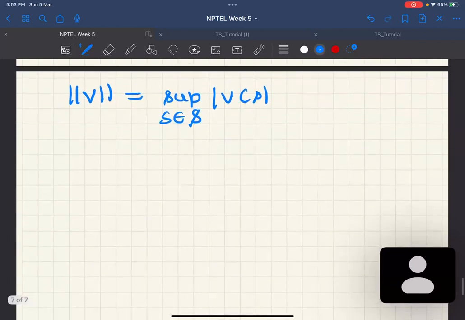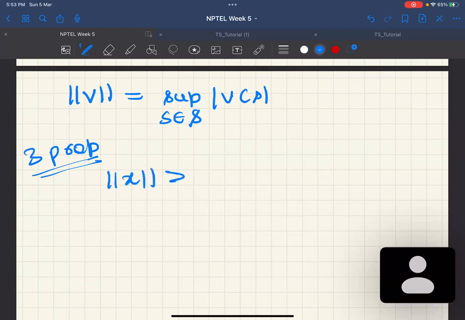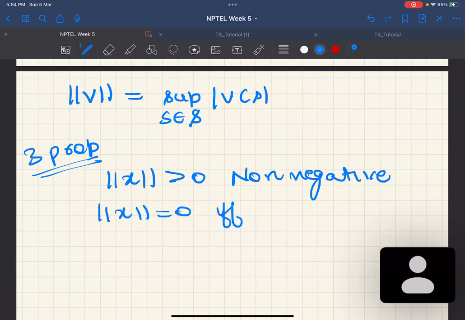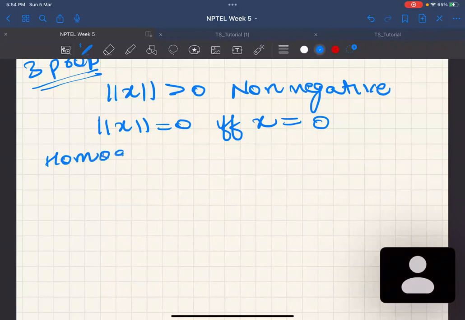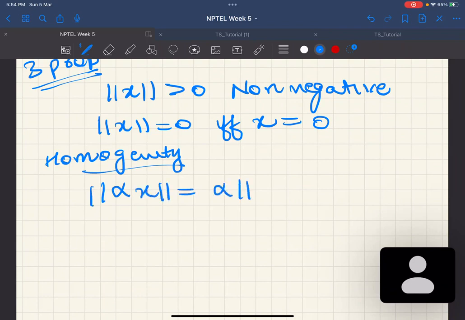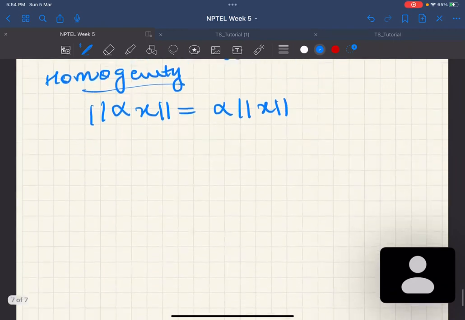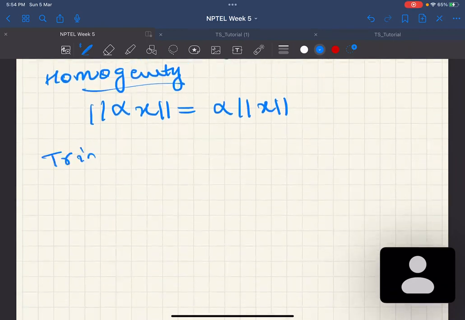In the norm, we have three properties. It is basically non-negative. The norm of x is 0 if and only if x is equal to 0. Second is homogeneity. Just for the knowledge, I'm telling you, we'll use this triangle inequality in all our proofs.